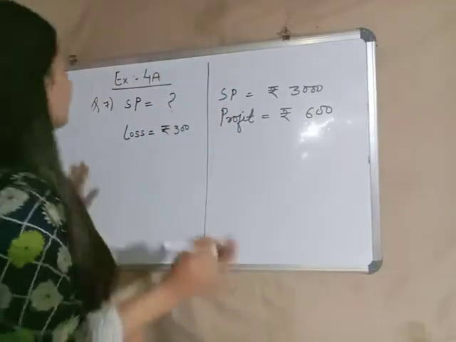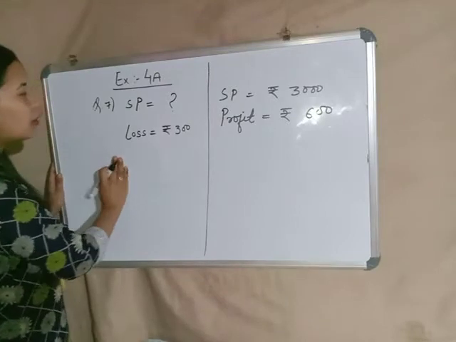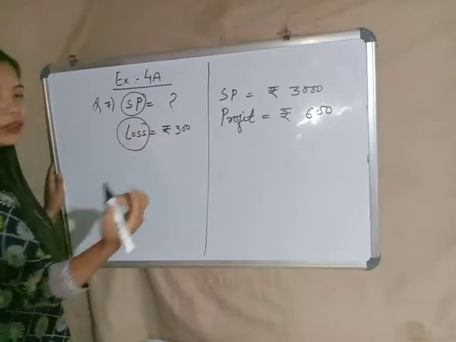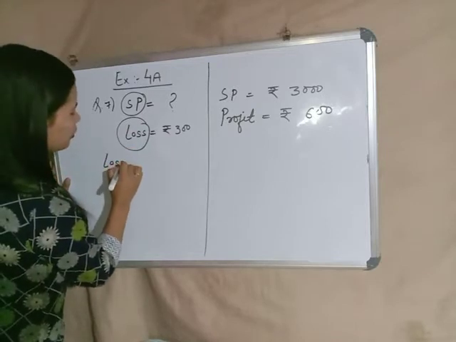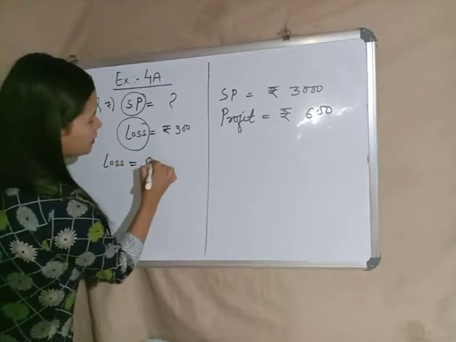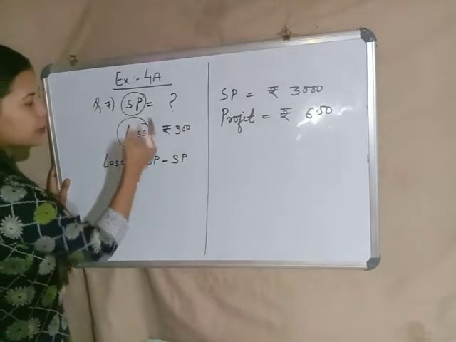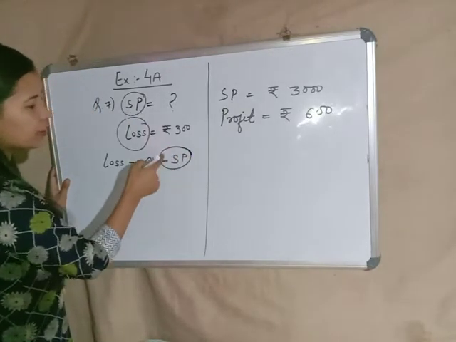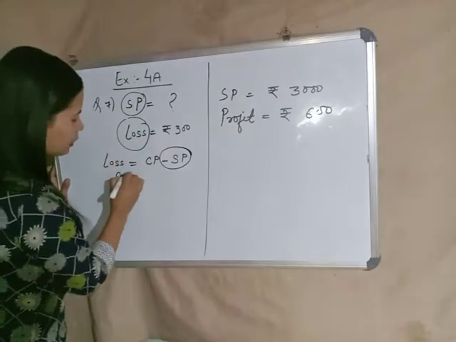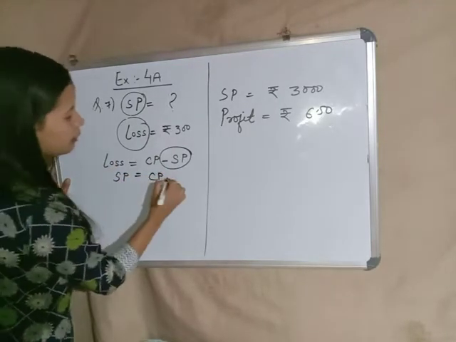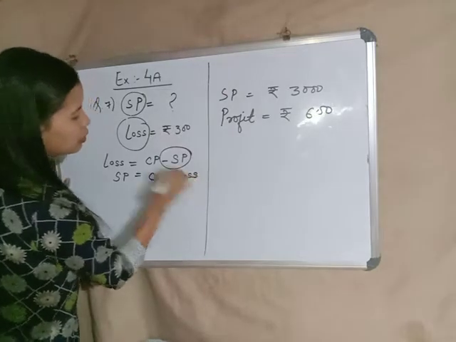We need to look for the formula that relates SP, loss and CP. Loss is equal to CP minus SP, right? And we need to find the SP, so we isolate it. Taking this to the left side, SP will be equal to CP minus loss.